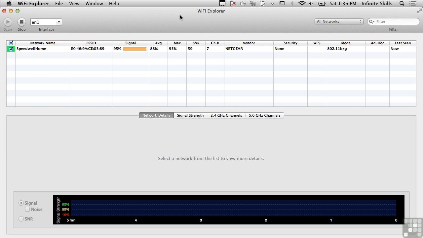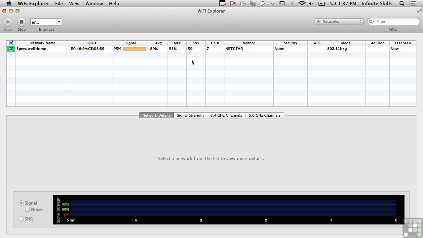It's a layer 2 protocol that defines connections between endpoints, and in this case, they're using different frequencies in the multi-gigahertz range in order to transmit data from one point to another. Now, there are multiple types of 802.11, and I've got something called Wi-Fi Explorer up on my Mac here, and you can see that there's a network that it's found, and it's actually running 802.11bg.